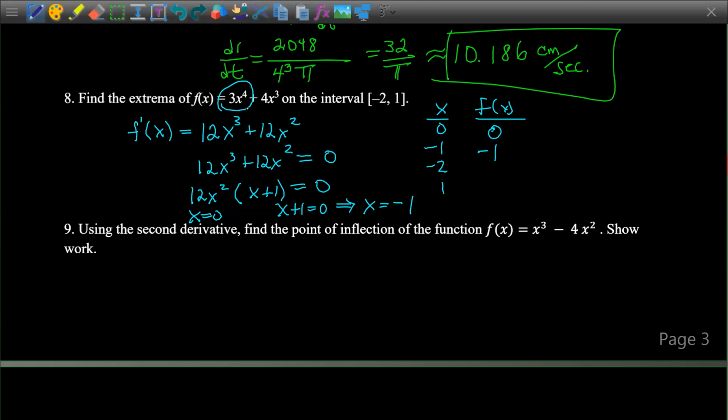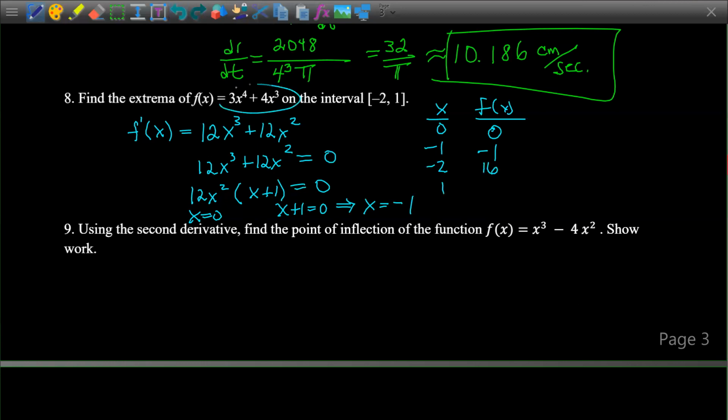Plus 4 times -2 cubed. So altogether we have 16 for the -2, positive 16.